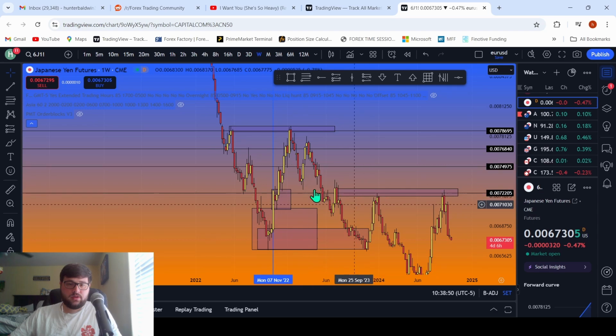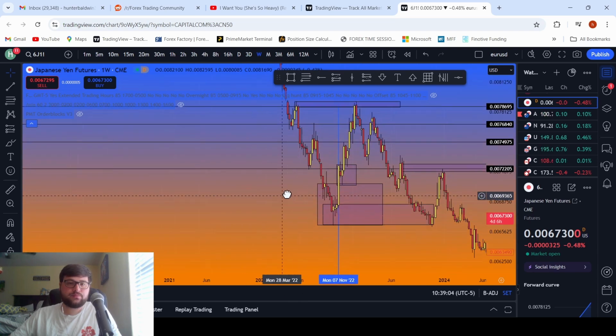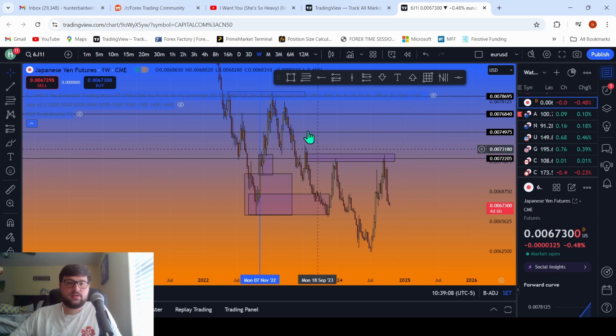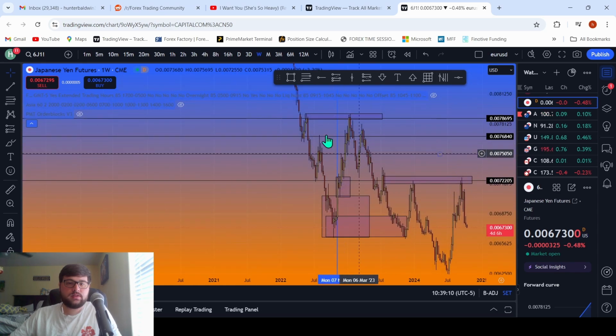If you have an area of demand, that means the market is more than likely going to push up from that level, meaning price will go up from a specific level. So this is a pretty good example of supply and demand. We have supply down here in these boxes, and we have demand down here and supply up here.